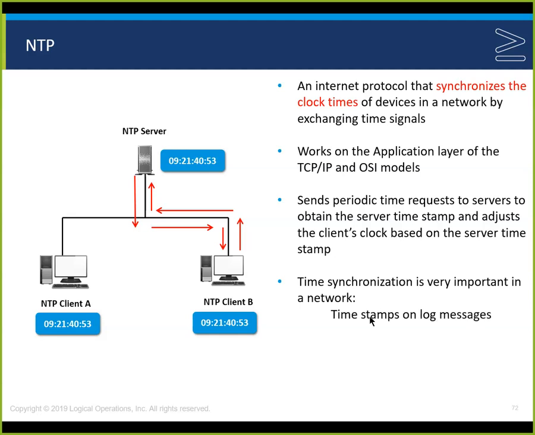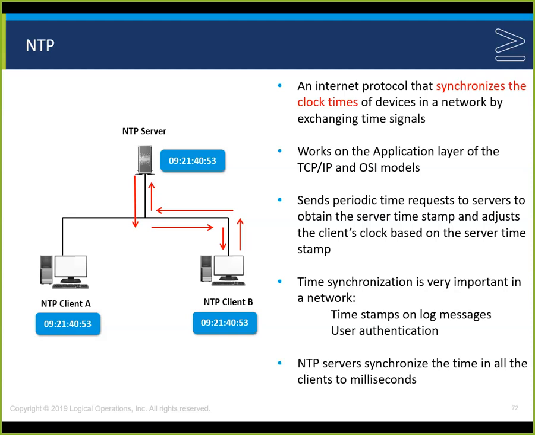Time synchronization is important to the network. Timestamps on log messages, some of the things that we saw. User authentication. And when we talk about encryption, one of the things that we used to prevent replay was timestamps, that we marked the packets with a time so that they couldn't be replayed.